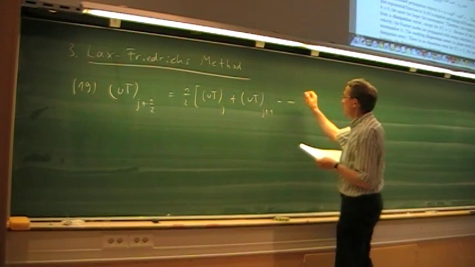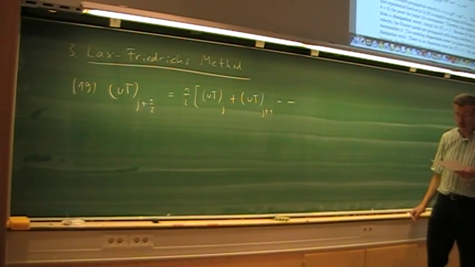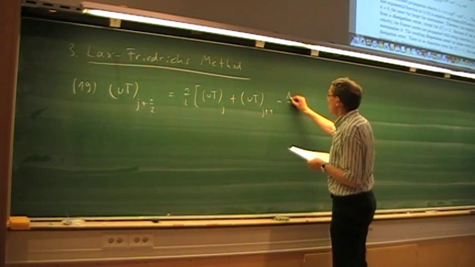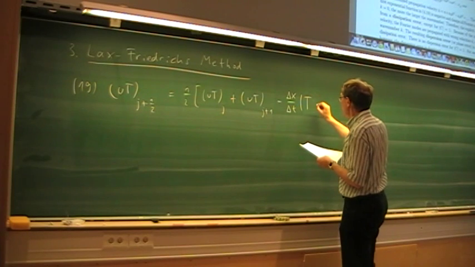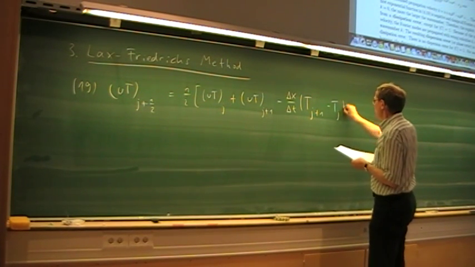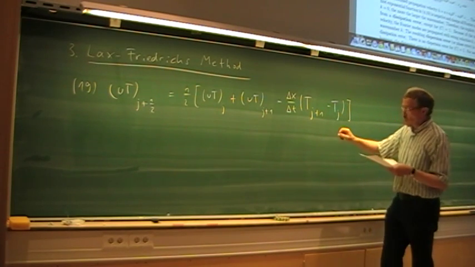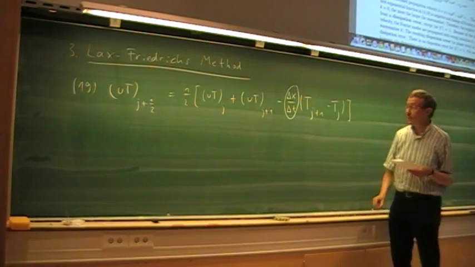But then our coefficient is not the absolute value of the velocity, but instead delta x divided by delta t. And then we have the difference, u_{j+1} minus u_j. So that is the big difference to the upwind method.